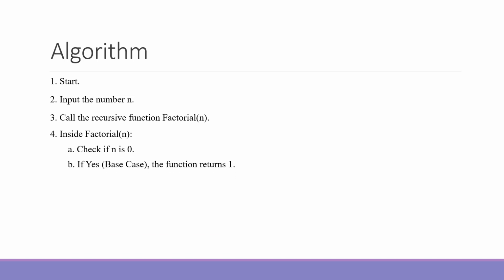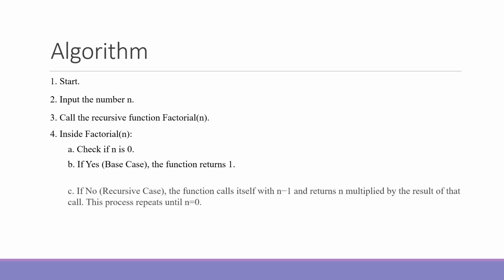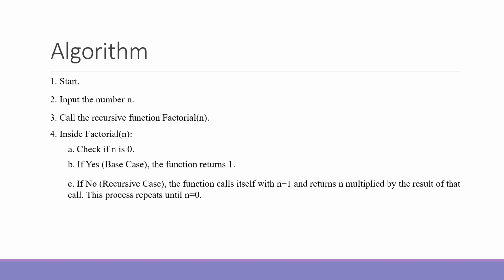If yes, that means we've reached the base case, and the function simply returns 1. If no, which means n is greater than 0, then the function calls itself again with the value n minus 1. At the same time, it multiplies the current value of n with the result of that recursive call. This process continues until n becomes 0.